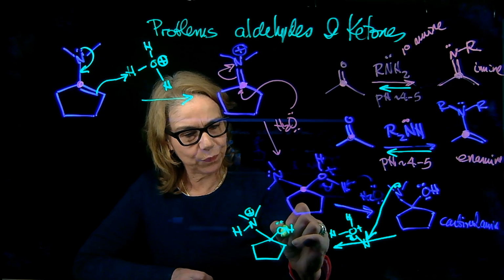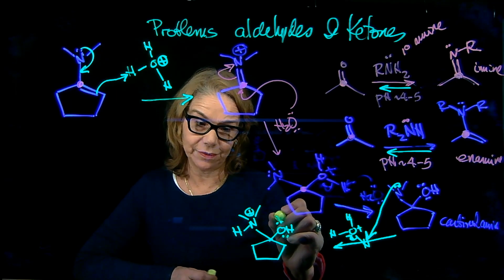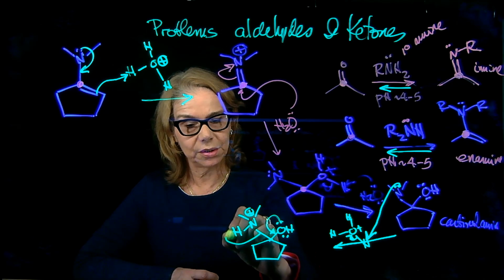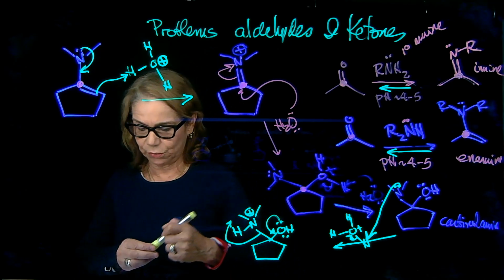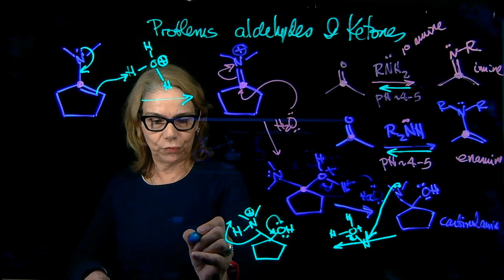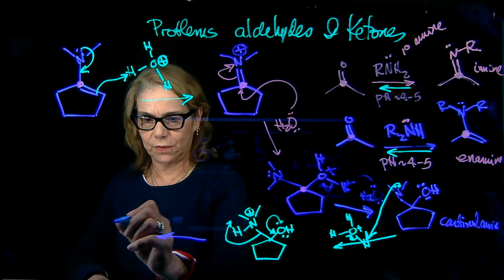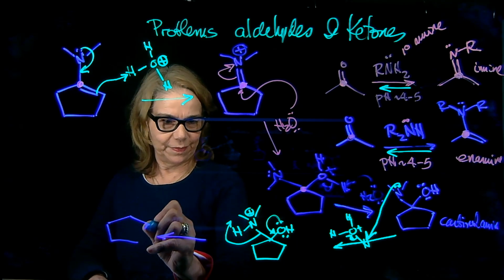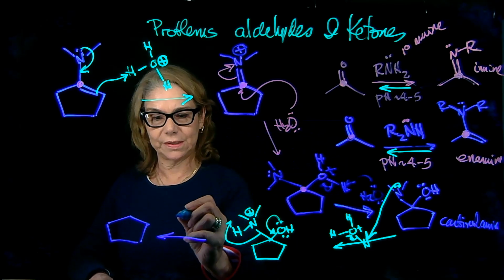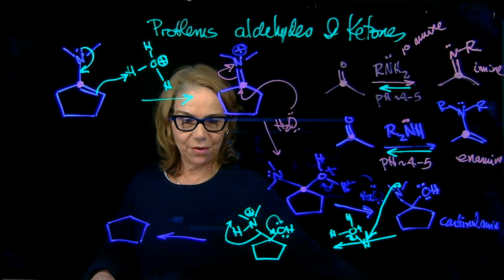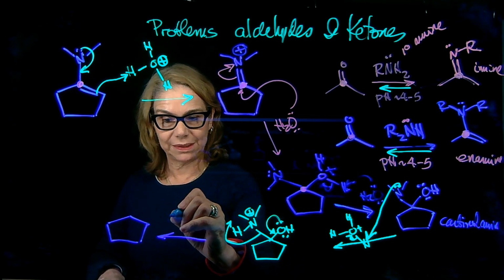So the next step would be forming the carbonyl. So I'm going to do a double bond here. And now this is a good leaving group, and this will depart to form the following. Now I have this that has departed, and what departed is dimethylamine.